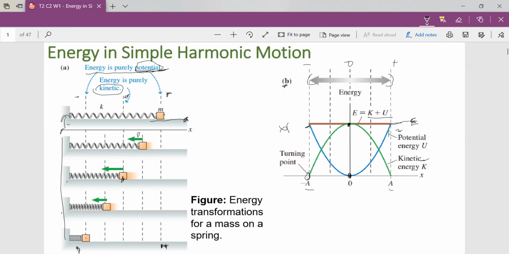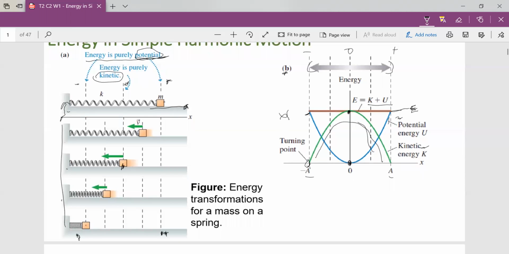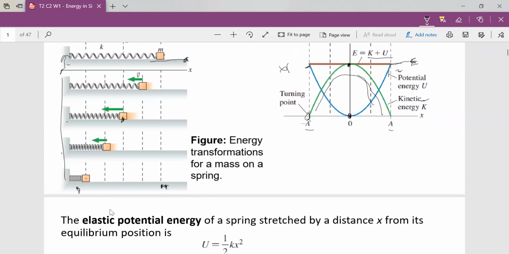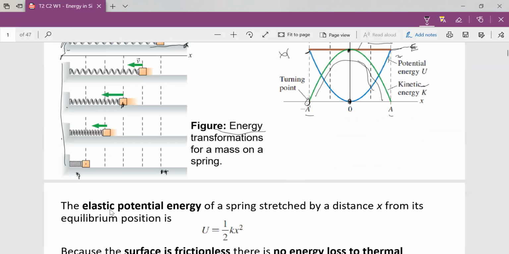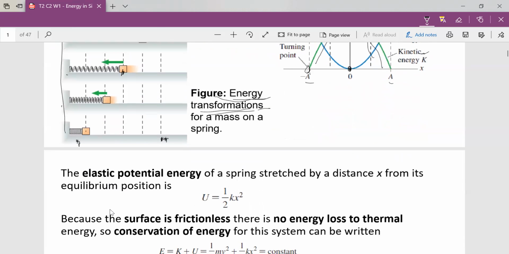So the energy in transit is purely kinetic energy, and that is represented with this green line. Okay. So we can see that potential and kinetic energy are transformed from one to another. And at the end, we'll have the total energy of the system to be the sum of potential and kinetic energy.